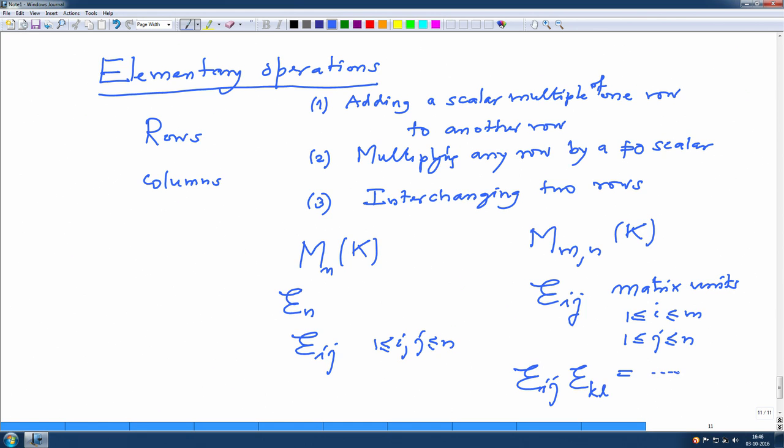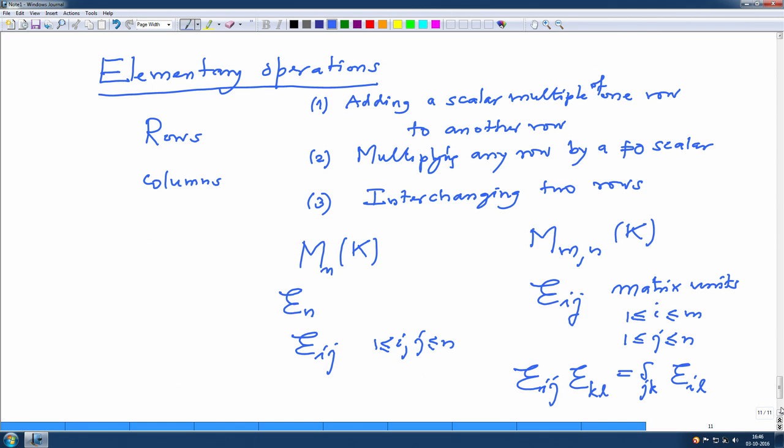This is again a matrix unit, it is delta_jk E_il. This is very simple to check. We saw it last time also.